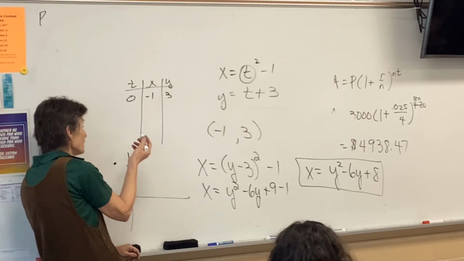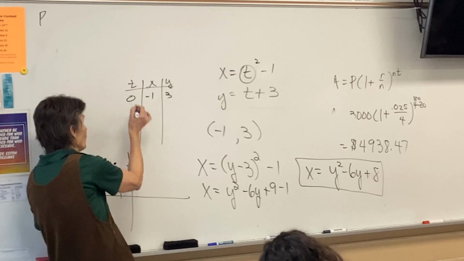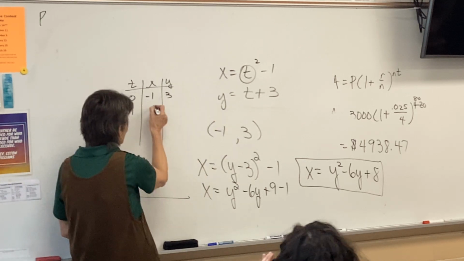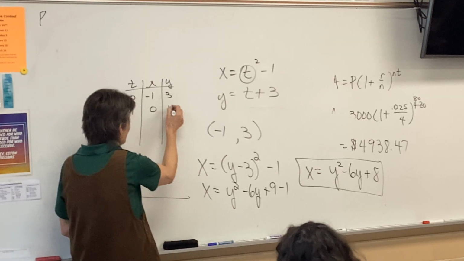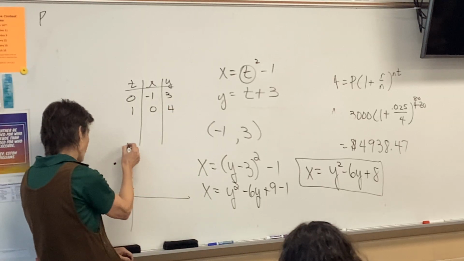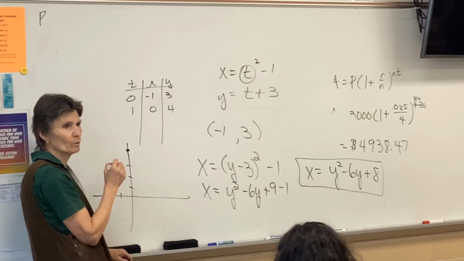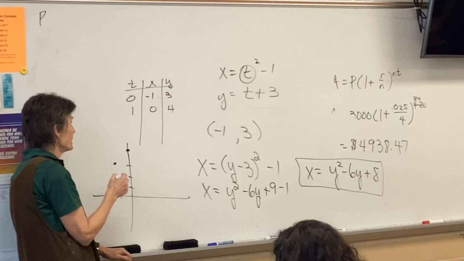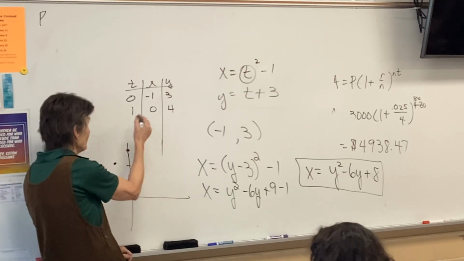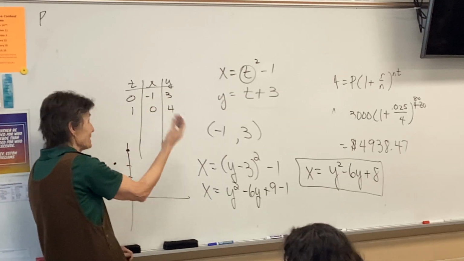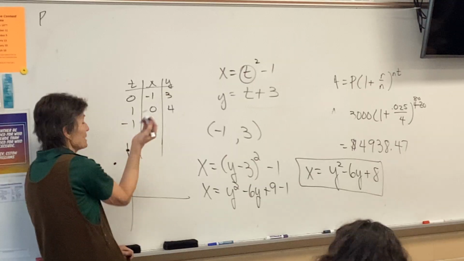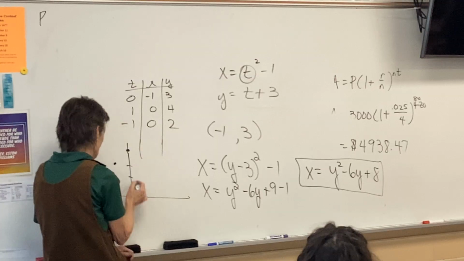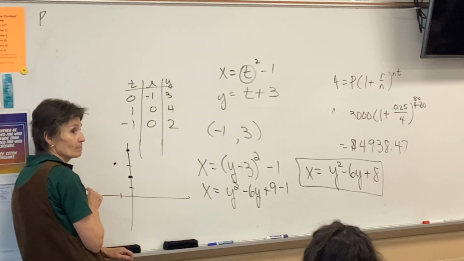So we could plot some more. We could say, okay, well, what happens if t is 1? Well, then my x would be 0, and my y would be 4. Do you see what I'm doing? So one option is to make a big table of values by picking t's, and you can pick whatever t's you want. So negative 1 would be 0, 2, and so on.